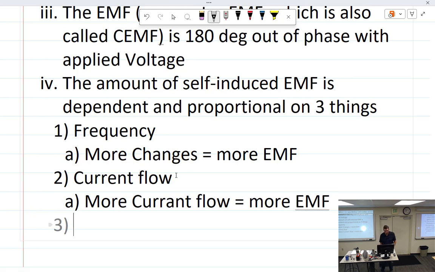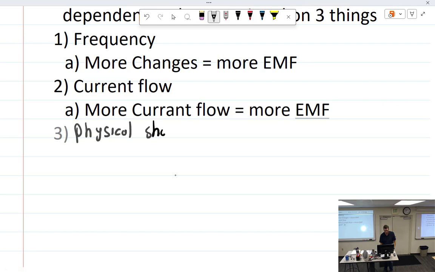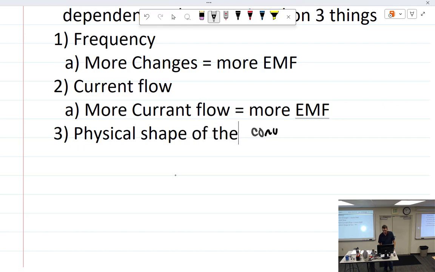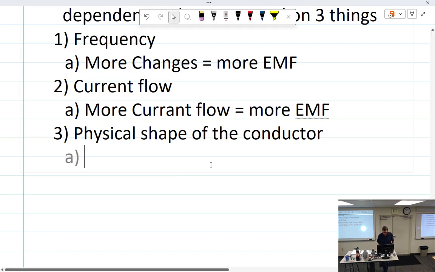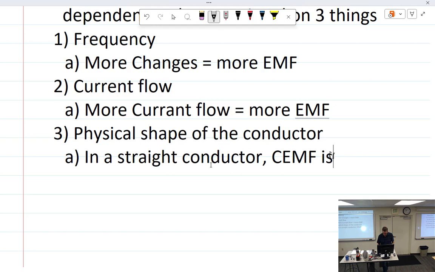And physical shape of the conductor. Would it be the conductor or the inductor? I'm going to say conductor, because I'm going to look at all conductors. In a straight conductor, counter EMF is determined by lines of flux.